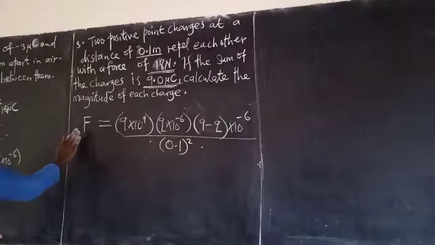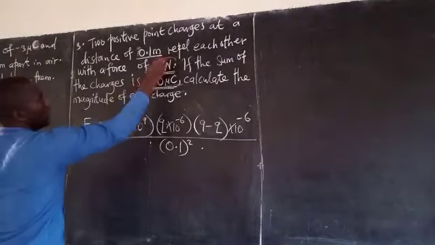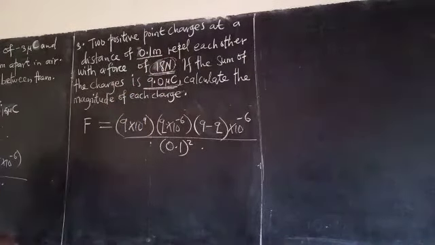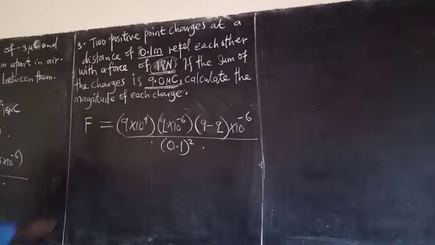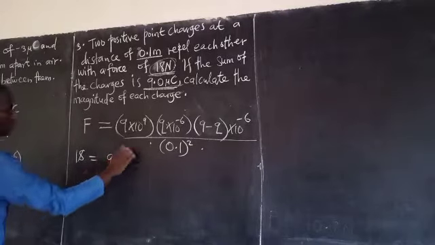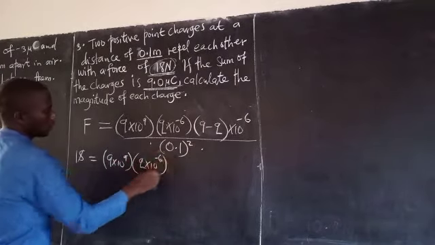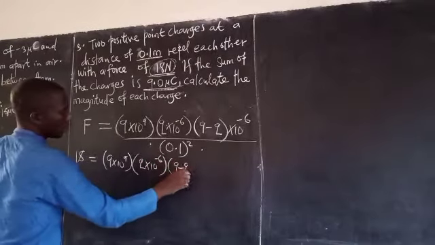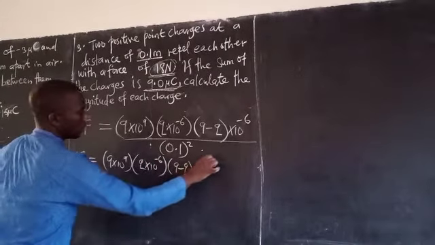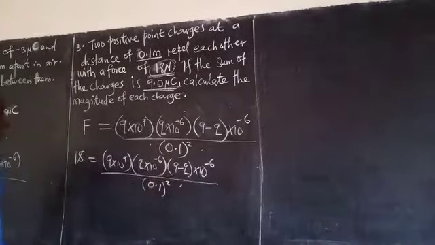And we are given that this force is 18. So we can say that 18 is 9 exponent 9, then q exponent -6, 9 minus q exponent -6, over 0.1 squared.